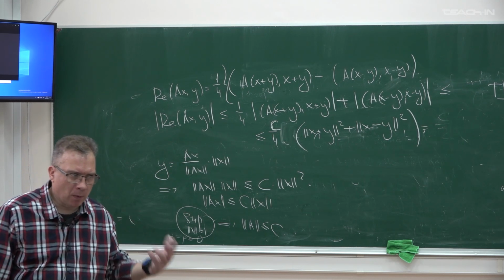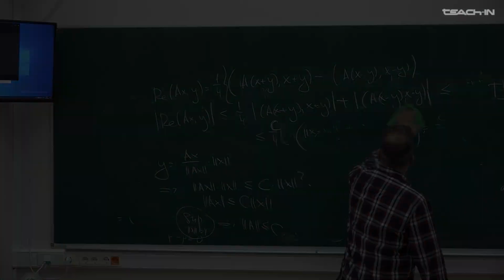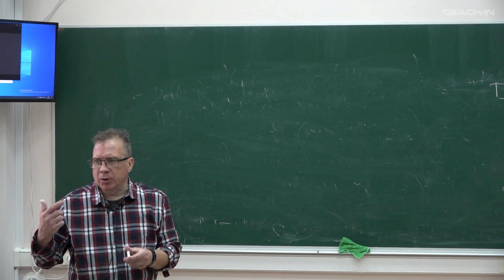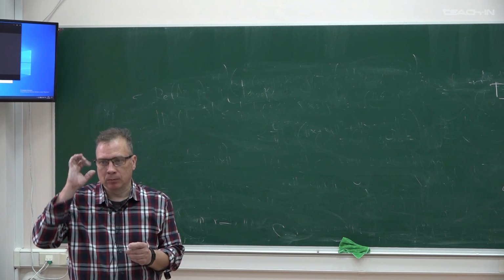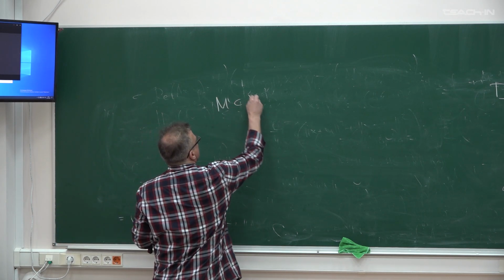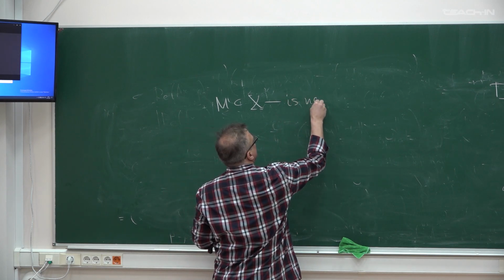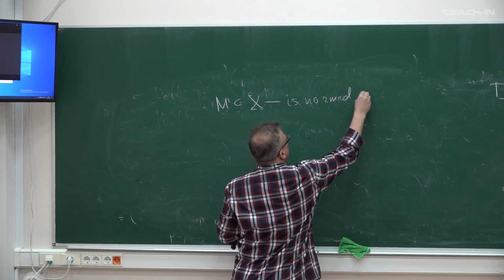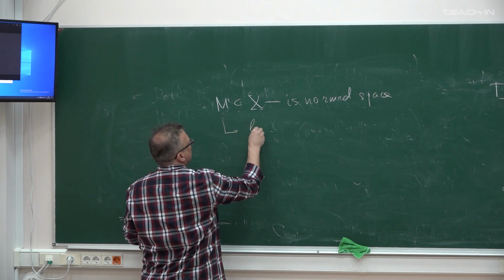But some application of this theorem, for example: how can you define a bounded set in a normed space? M lies in X, X is a normed space, and you want to define bounded.